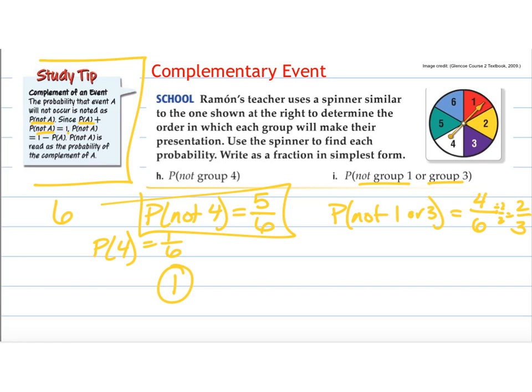And again, to make sure that you understand the complement here, the probability that I would be in 1 or 3, so the complement to the event, right, making up the whole, not 1 or 3 is 2/3. Well, being in 1 or 3 are 2 of the 6 groups, which simplifies to 1/3. Notice 2/3 and 1/3 would equal 1 whole. So understanding that the likelihood that it will and will not happen are going to get up to 1.